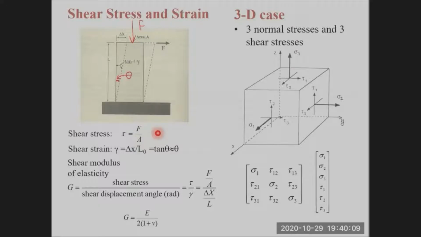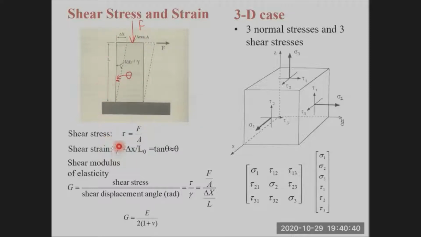Its unit is Newton per meter square or Pascal, same as the axial stress. And the resulting strain, gamma, is defined as delta x over L naught. Note that delta x is a displacement of the top surface. This is delta x, and L naught is this distance.